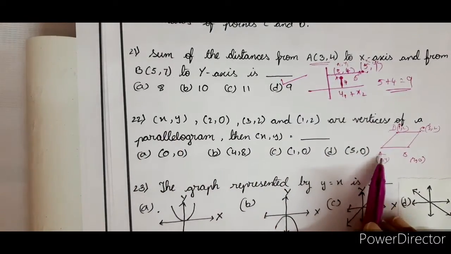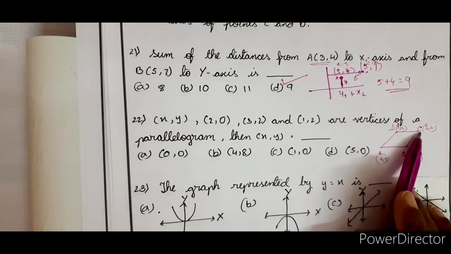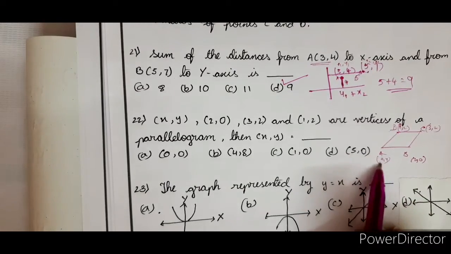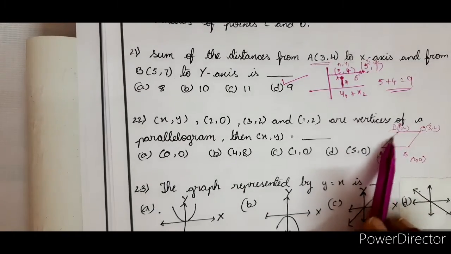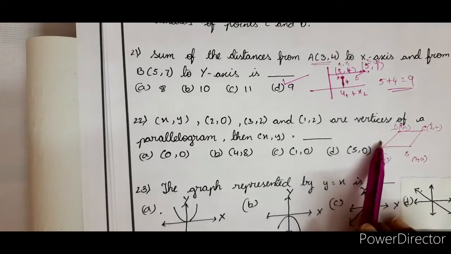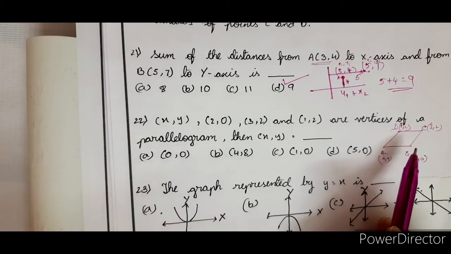If it is a problem, you will solve it by finding AB, then again you will find CD, and then you equate these two, you will get one equation with two variables. Again you will find AD and BC, you equate these two, another equation with two variables, and then you solve and find x and y, solving two equations.